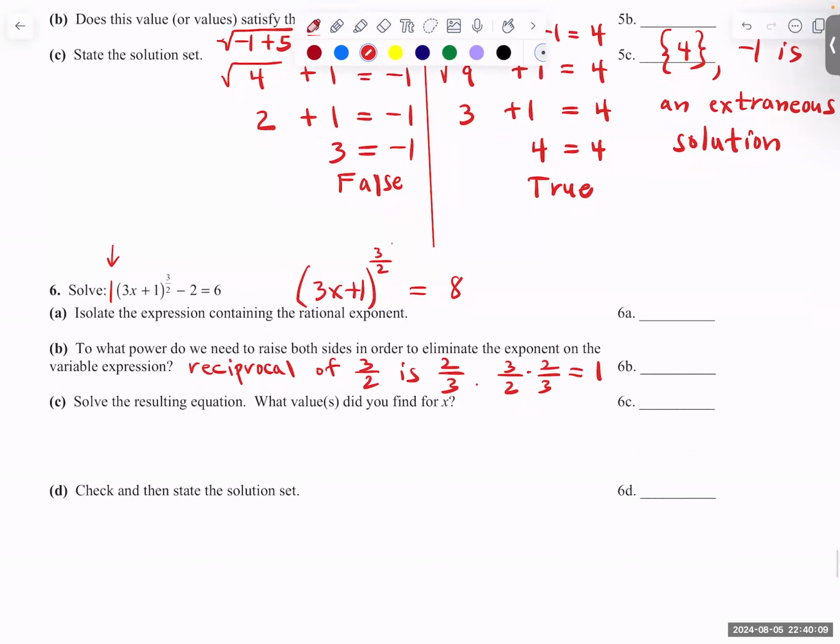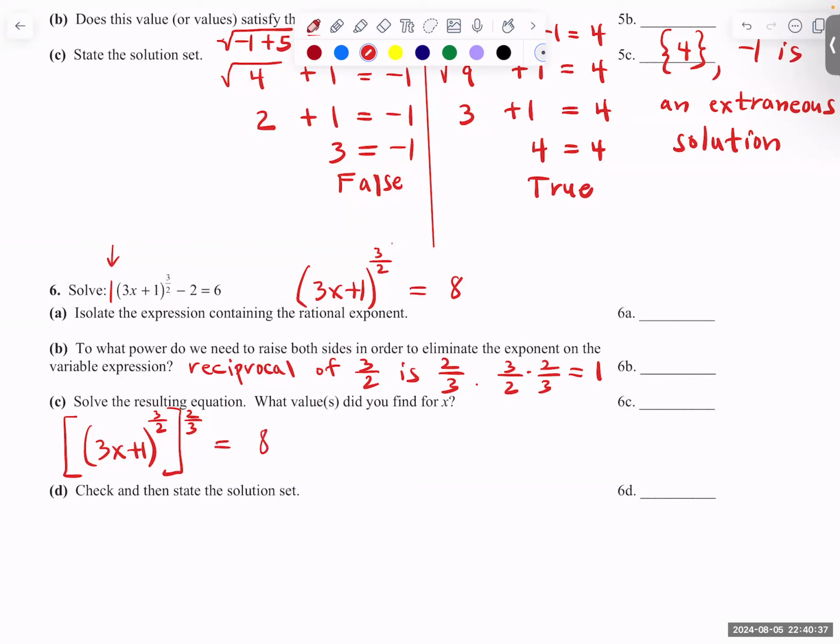So what we're going to do, let's insert some brackets here. 3x plus 1 quantity raised to the 3/2 bracket, we're going to raise that to the 2/3, because when you raise a power to a power, you multiply these fraction powers and their product is going to be a 1, thus canceling the fraction exponent.